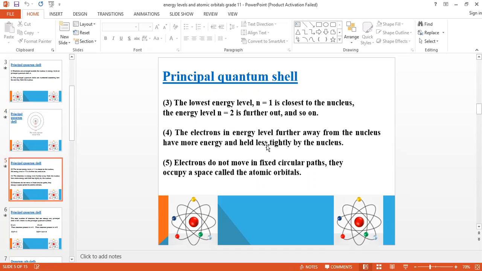Atomic orbitals. Now we divide subshells into orbitals. See, when a shell was divided, we got subshells, 4, 4, 4, 4. Now we are going to divide S, P, D, and F into more subcategories, because we are going to learn electronic configuration.